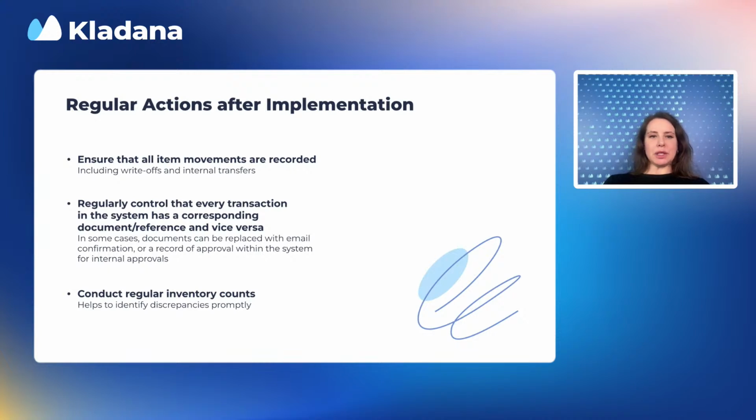Even if it is not paper, it can be a soft copy, a PDF or something like this, or maybe just an email approval. But please check that under all real documents and approvals, there is an action or record in the system, and vice versa, because it helps to make sure that everything is really recorded.